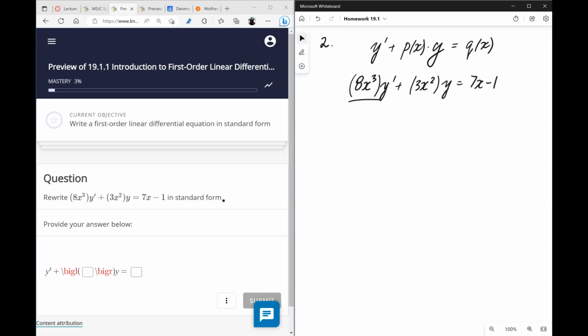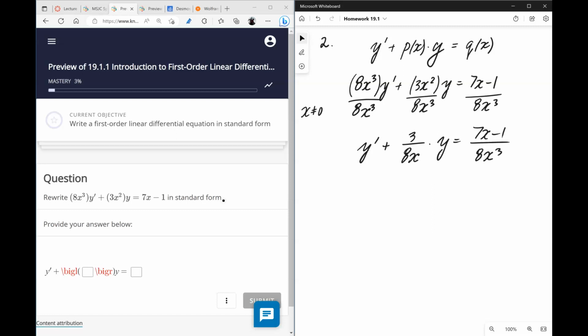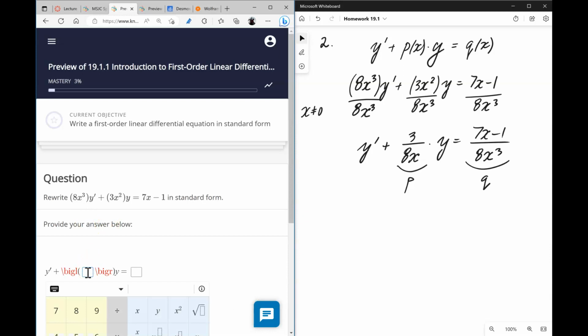We're going to simply divide everything by the leading coefficient, so assuming that it is not equal to 0. And then we get the desired form. So we might have to simplify it a little bit. And now this is what we would call P, and this is what we will refer to as Q. So let's enter the answer.